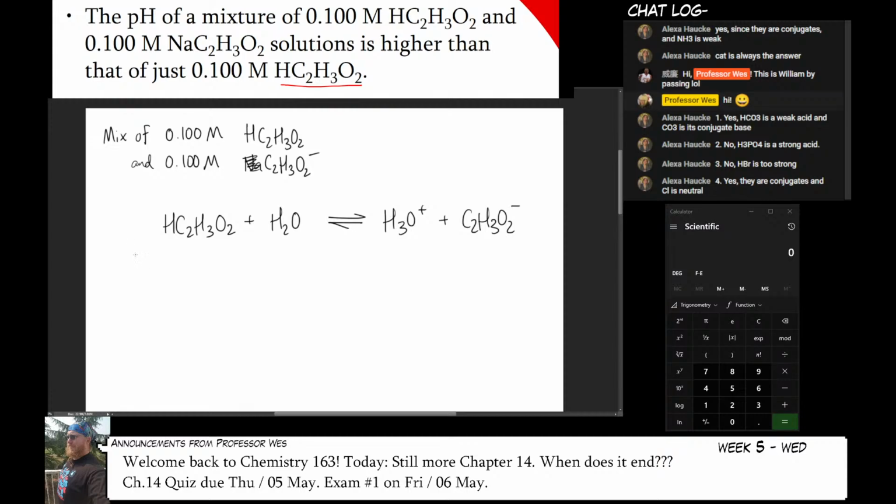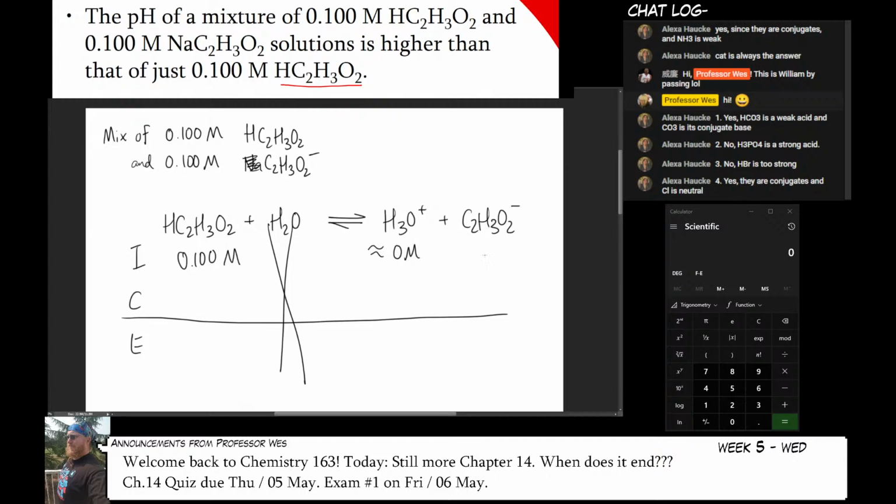And then what we're going to do is we're going to make our ice table. And normally we just cross out water, which is still what we do. We'd say, okay, well, I've got 0.100 of the weak acid I'm starting with. I've got essentially none of this. And then we'd put a 0 here, right? But guess what? We totally have this in there. That's literally the only change for buffers.